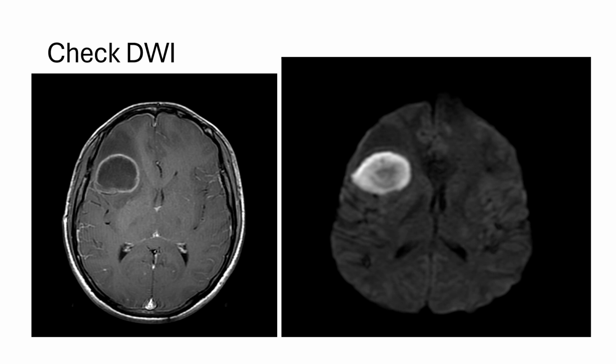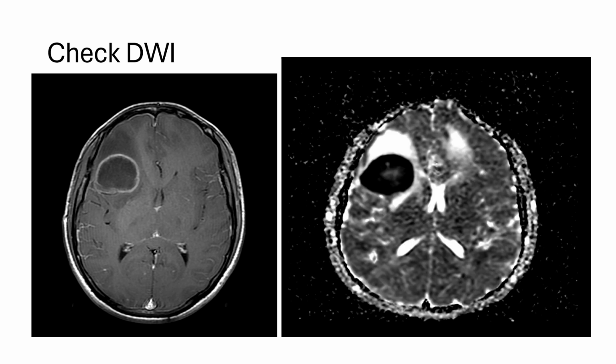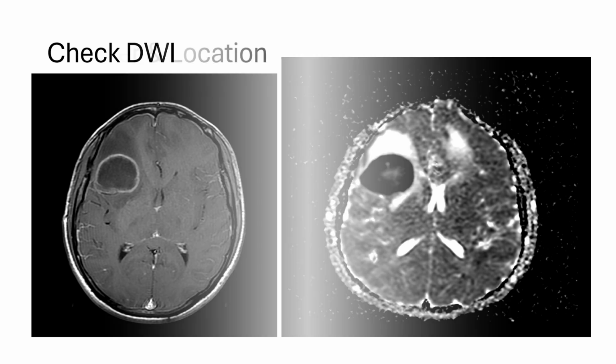If there is central diffusion restriction, then think of brain abscess and look at the wall thickness and smoothness in the post-contrast study. If it's a smooth ring, bright on DWI and dark on ADC, then this will be an abscess. And if there is no diffusion restriction, then move to the next step.